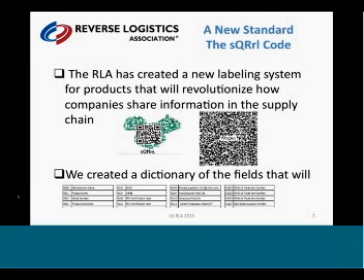So what we have created is a new system for using QR codes to share information with supply chain partners. And we have a very long list of different fields of information. I don't want to get too far into that, and that will make more sense as we get a little farther.